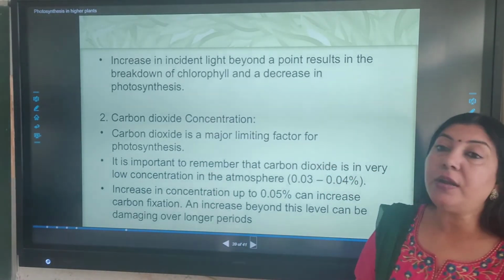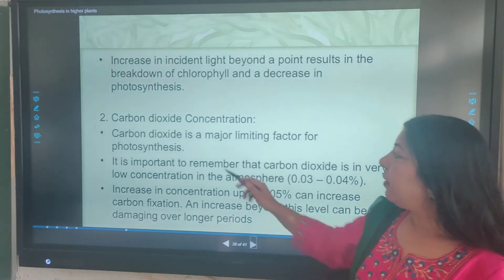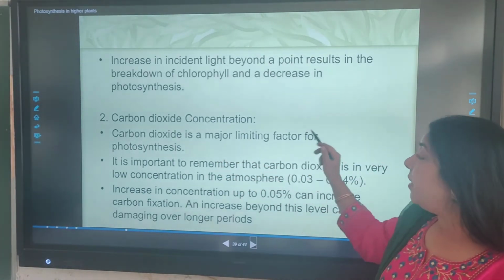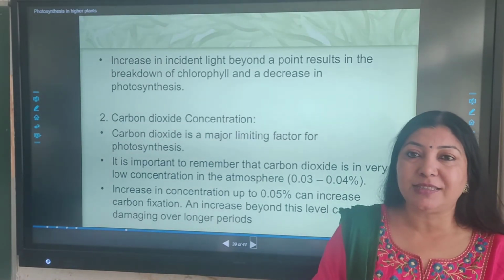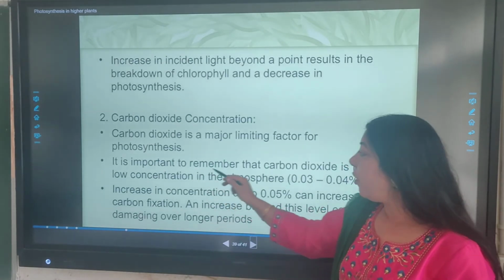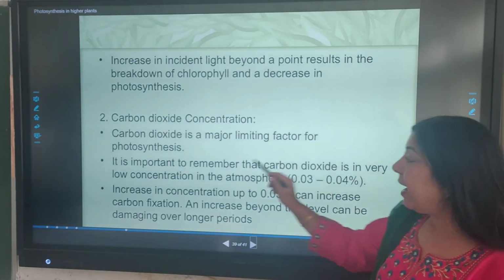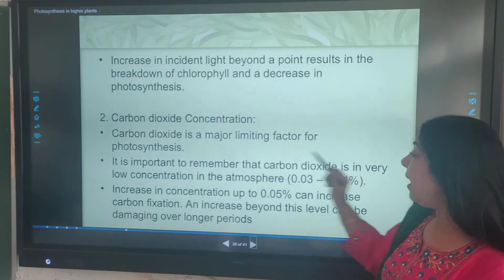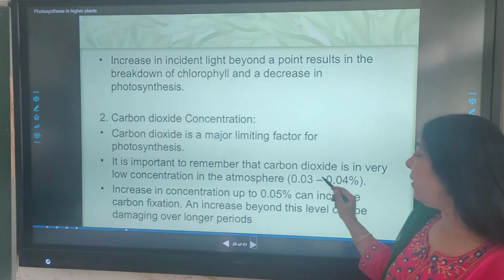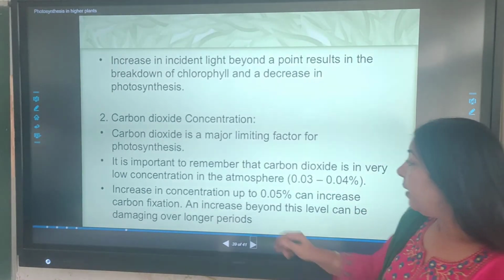Now when you come to carbon dioxide concentration, here is a lot of difference. Carbon dioxide is a major limiting factor for photosynthesis. This point is very important. It is important to remember that carbon dioxide is in very low concentration in the atmosphere, that is 0.03 to 0.04%.